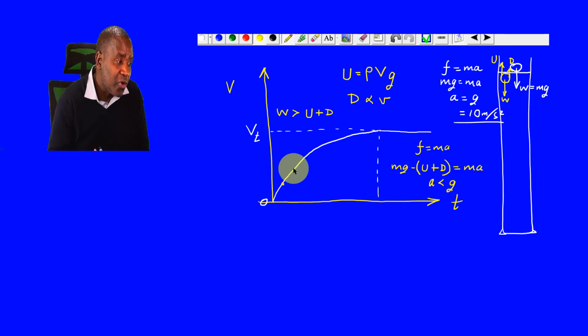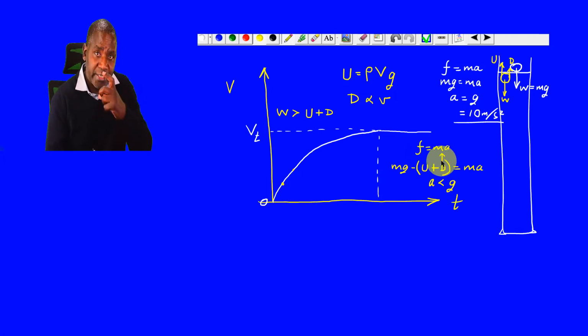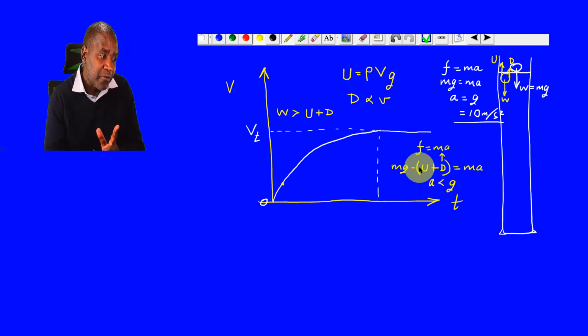And as time goes by, as the object gains more speed, the value of the viscous drag increases. Although the upthrust remains constant, the value of the viscous drag increases, making this factor increase. And that means that we are continuously subtracting a bigger force from mg as time goes by.